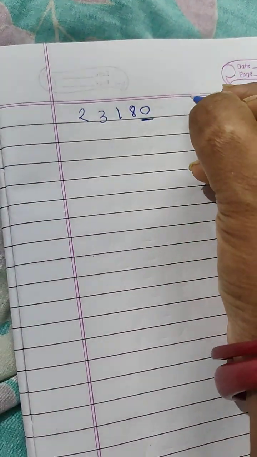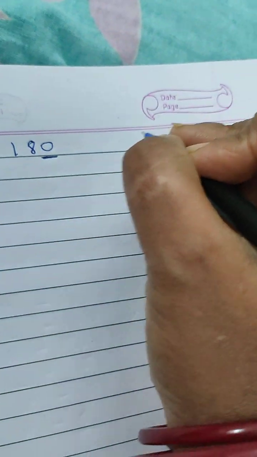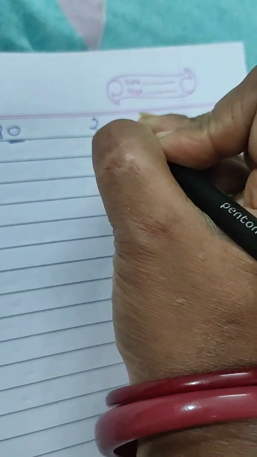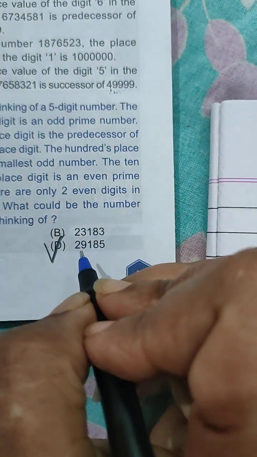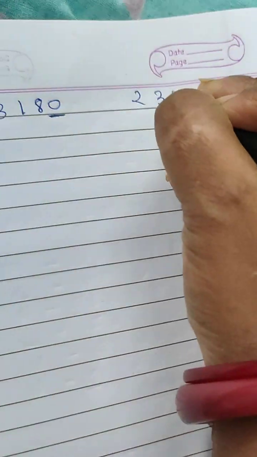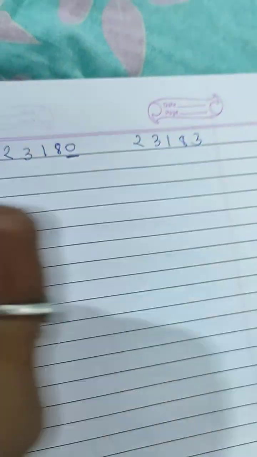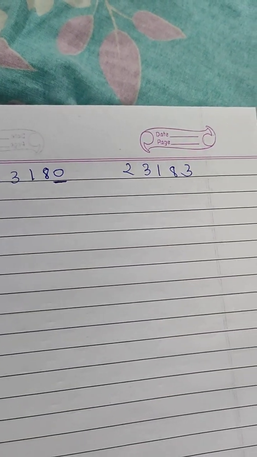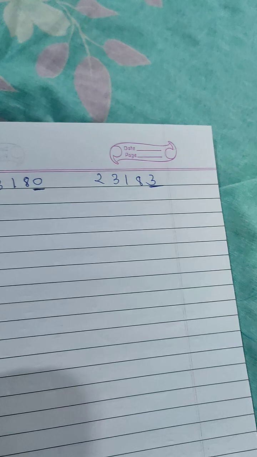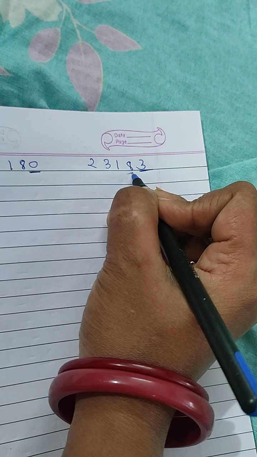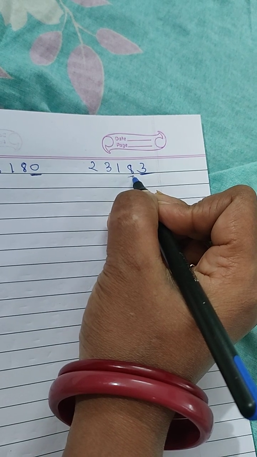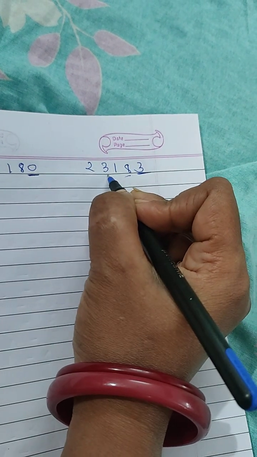Then let's go to option number B. Here option number B, let us first write the number and then analyze. Option number B is given as 23183. Here the units place digit is an odd number. Okay, correct. The tens place digit is the predecessor of the thousands place digit.